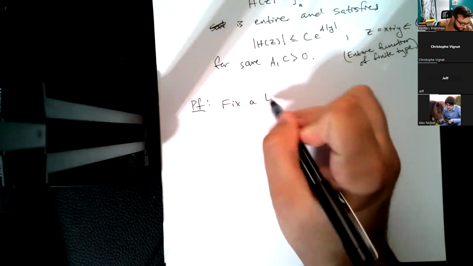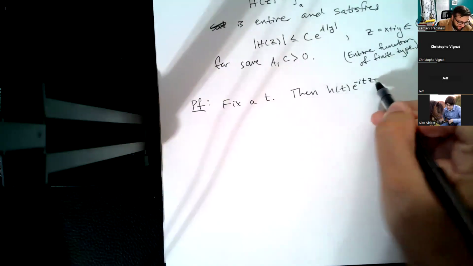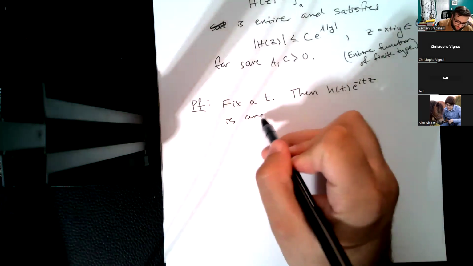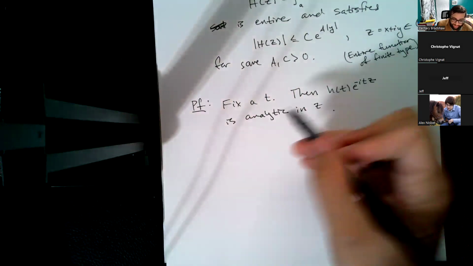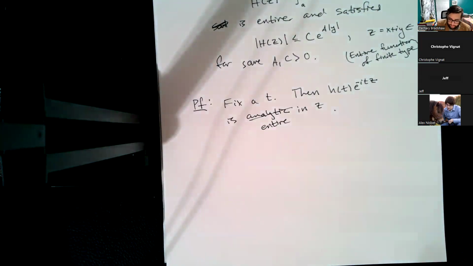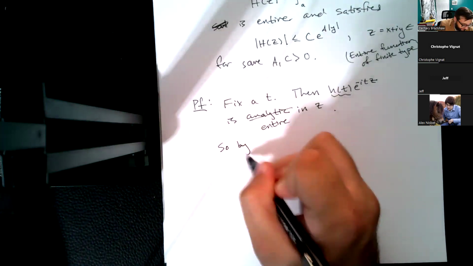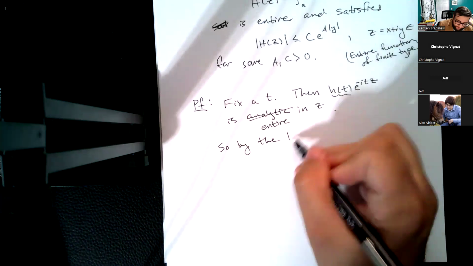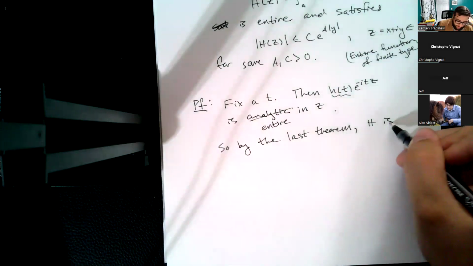But anyway, the proof's not very hard. Fix the t, then h of t times e to the minus i t z is analytic in z because the exponential is entire. And h of t doesn't change that because it only depends on t.